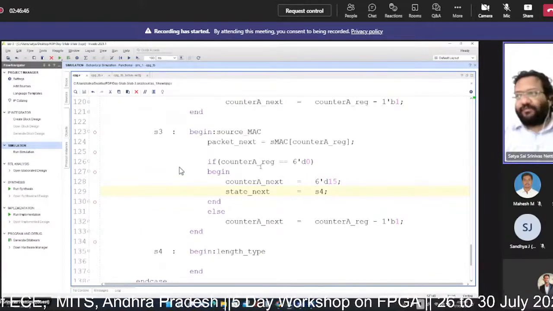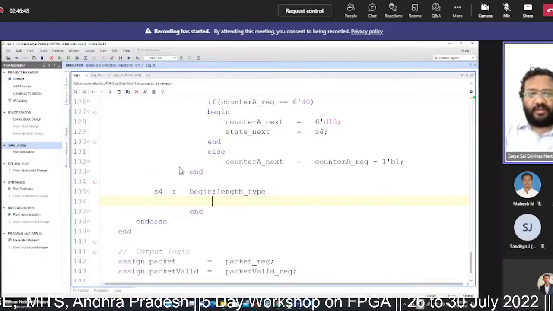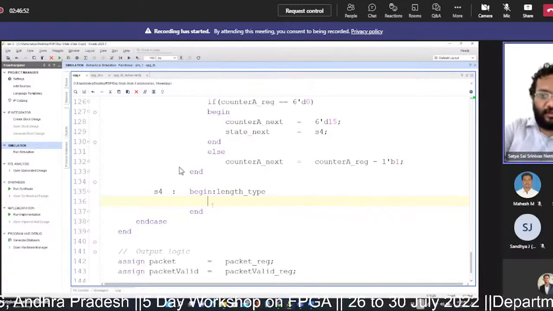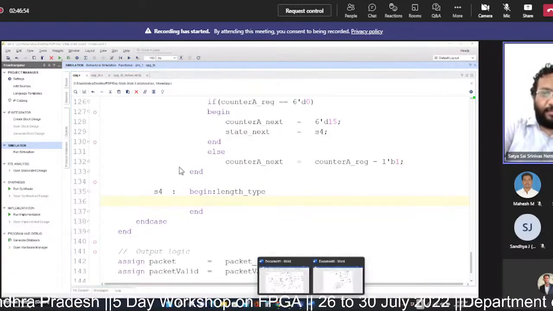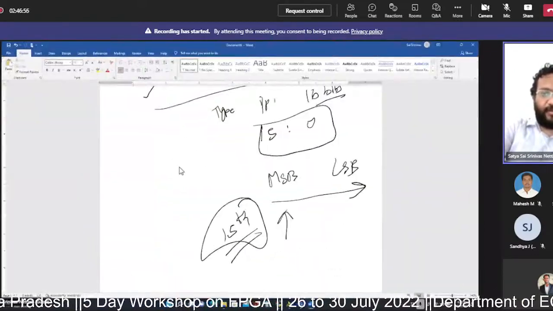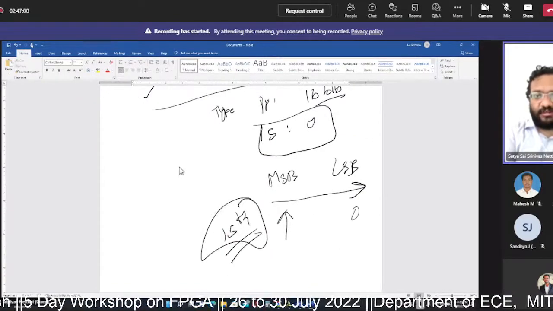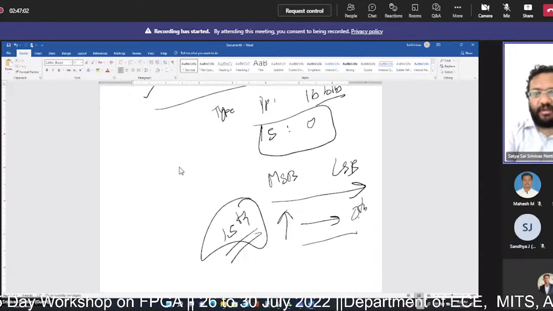Once I reset to 15, I will read from the type field. The type field is an input, so from the 15th position to the 0th position, I will be able to read it.